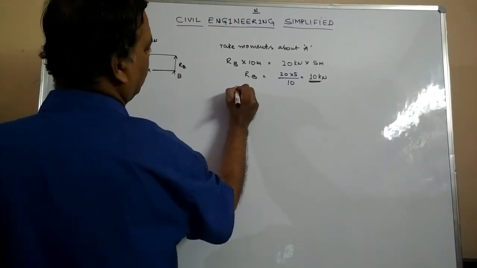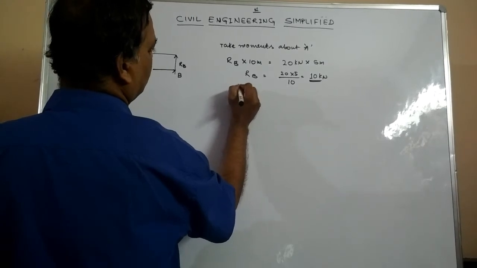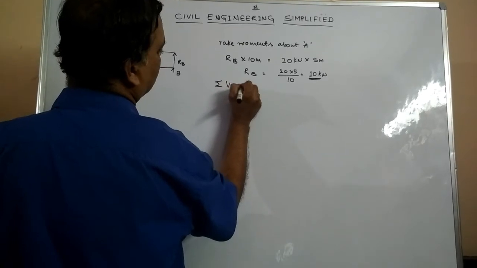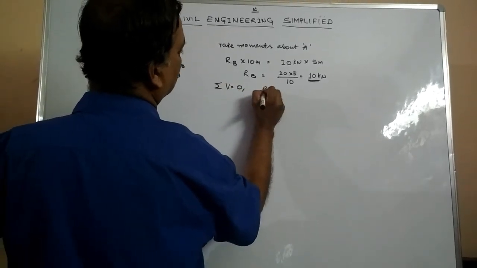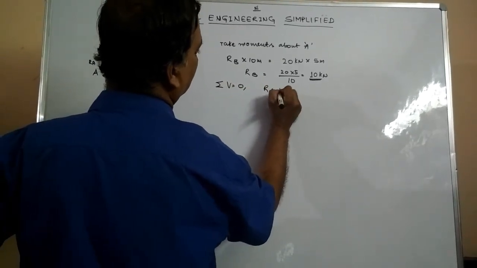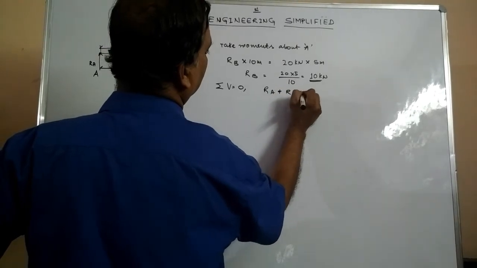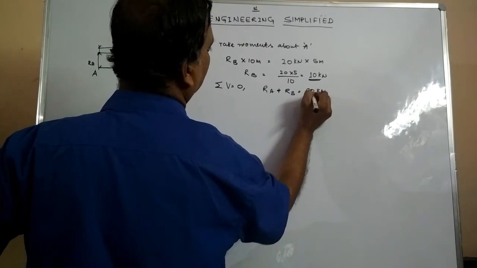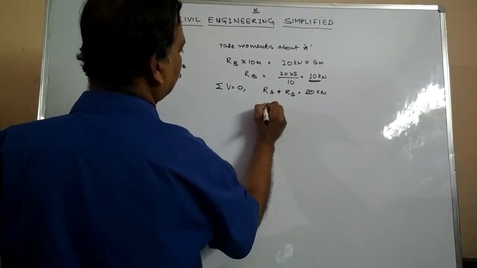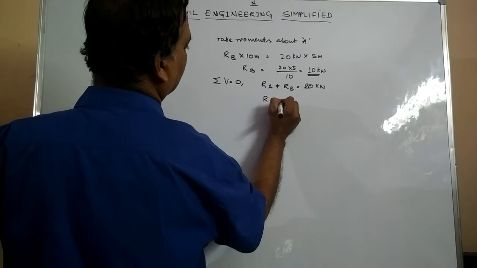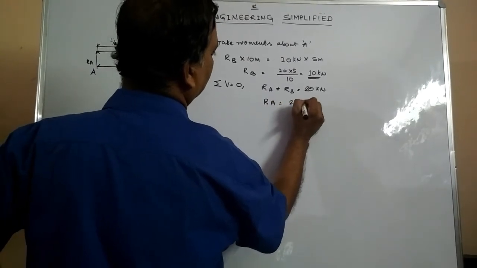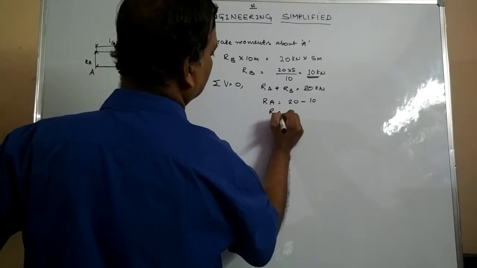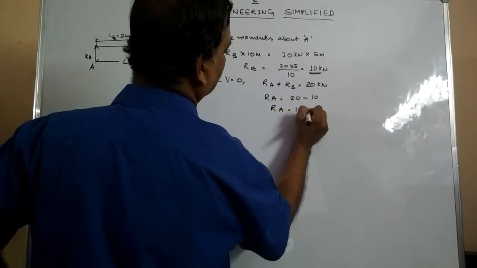And to find RA, we consider the equation sigma Fy equals 0, which implies RA plus RB is equal to 20 kN, and hence RA in this case will be 20 minus 10, which works out to 10 kN.